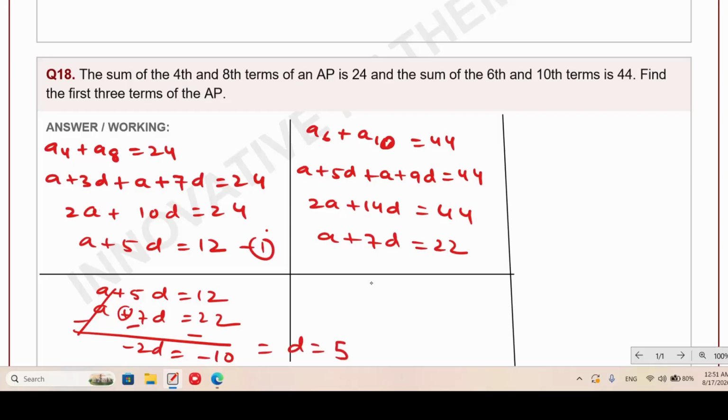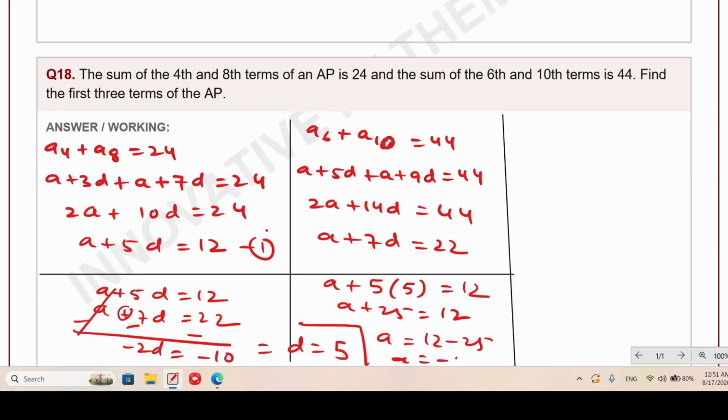So d is 5, means a is equal to, यहाँ पर a plus 5 into 5 is equal to 12. So a plus 25 equals 12. Therefore a equals 12 minus 25.